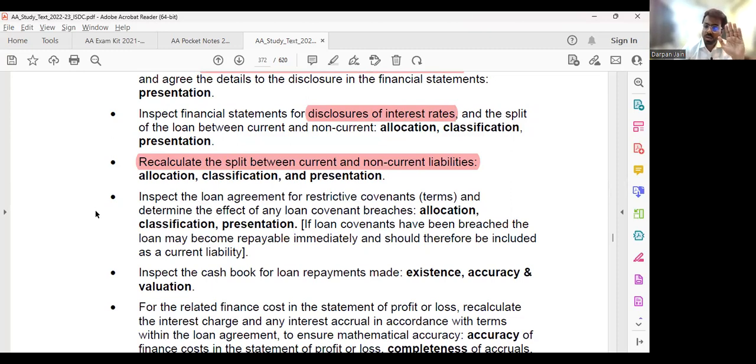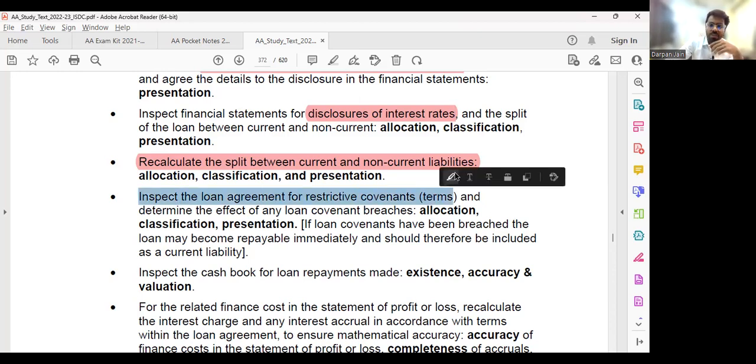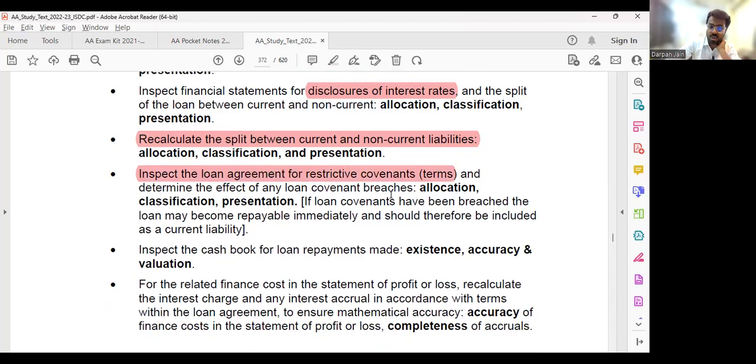So you're reading the loan agreement to see whether there are any restrictive terms and conditions or not, restrictive covenants, and determining what will be the effect if the company breaches any of the terms and conditions. If the company is not following any terms or conditions, then what happens? You will determine the effect of that, right? So you're inspecting the terms and conditions of the loan agreement.